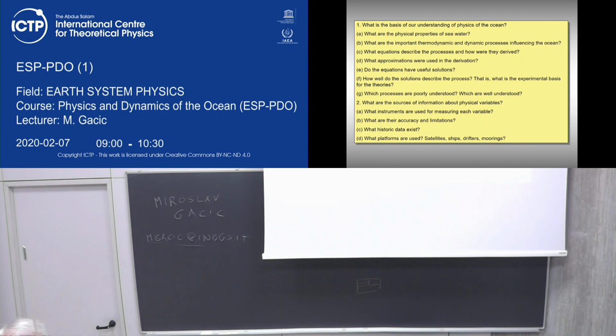Or vice versa. If I'm measuring the sea level oscillations on the order of a millimeter, I cannot measure with an instrument which has an accuracy of a meter, right? So all these things have to be addressed before deciding what to do.